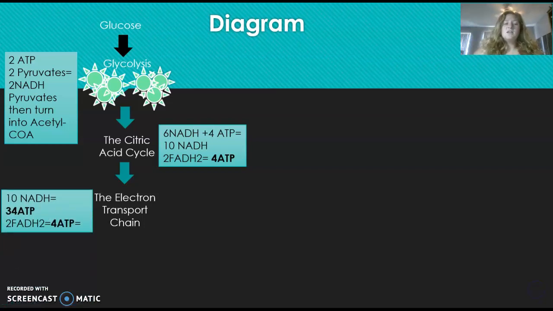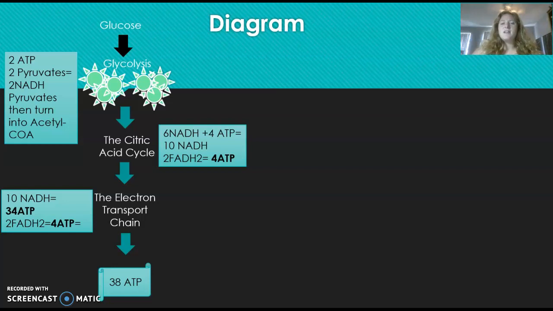During this chain, from our 10 NADHs, we get 34 ATP. And from our 2 FADH2 from the citric acid cycle, we still have 4 ATP. So when you add those together, you get a grand total of 30 ATP created during the glucose cycle.